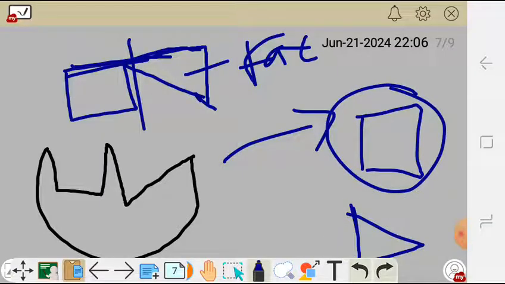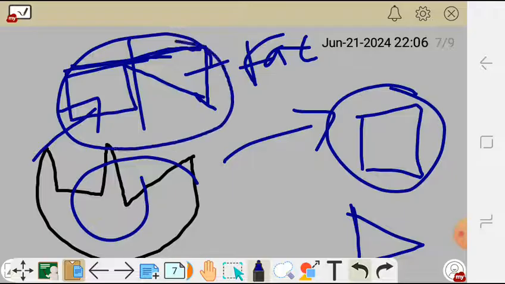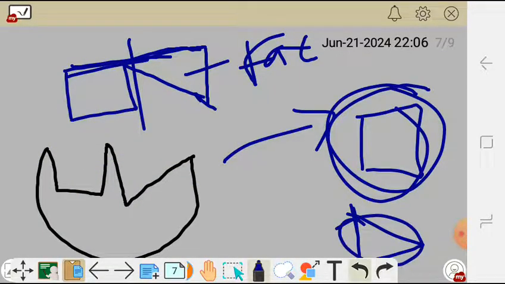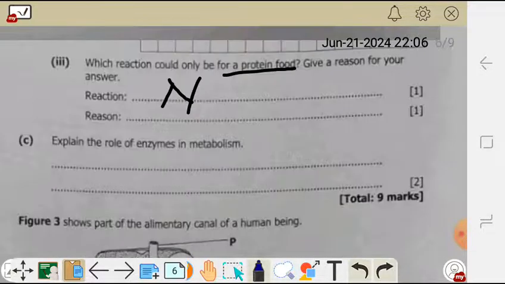So that's how an enzyme speeds up the reaction. The enzyme will come in, bind to that molecule, and help it break down. If it is fat, then it will be fatty acids and glycerol.